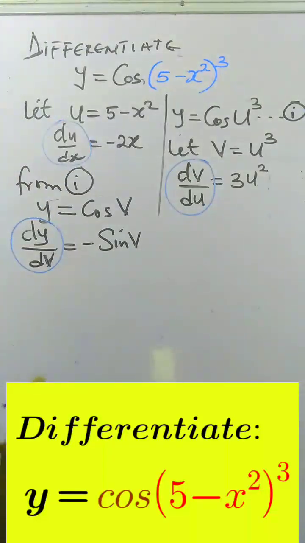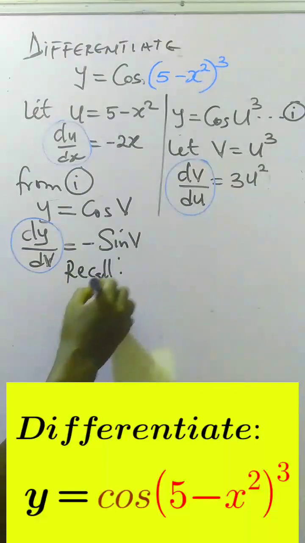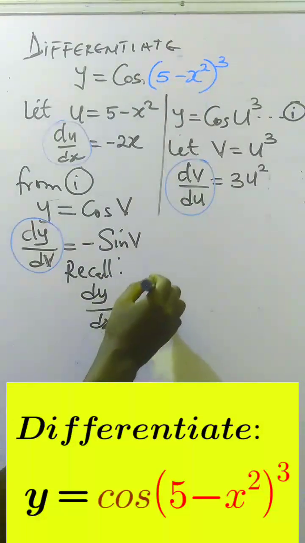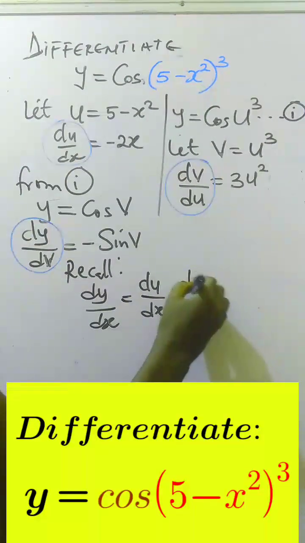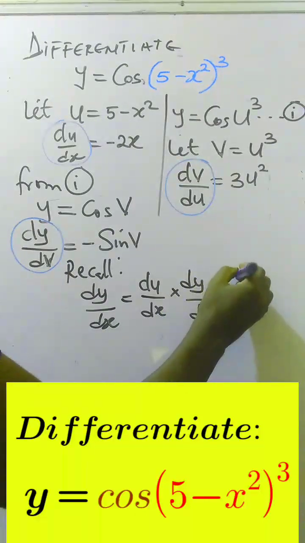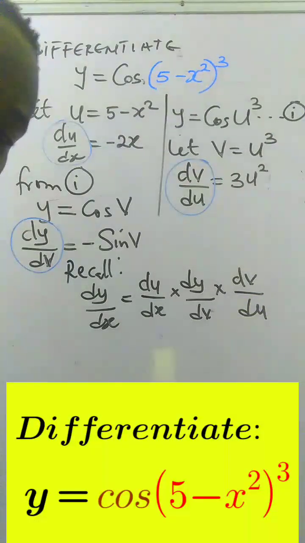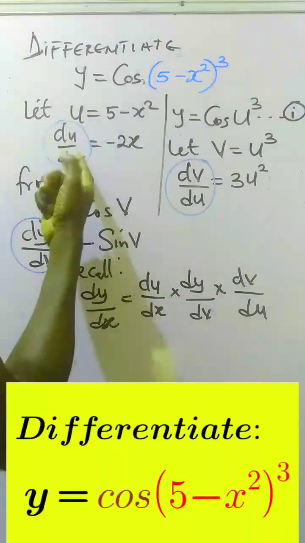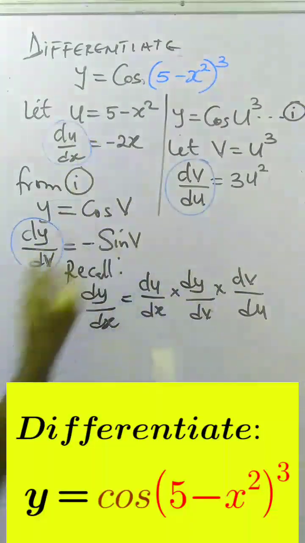Using our chain rule, recall that dy/dx is equal to du/dx times dy/dv times dv/du. Now I know we are not familiar with this kind of chain rule that has 3 terms, but all we have to do is multiply all the derivatives I've gotten.